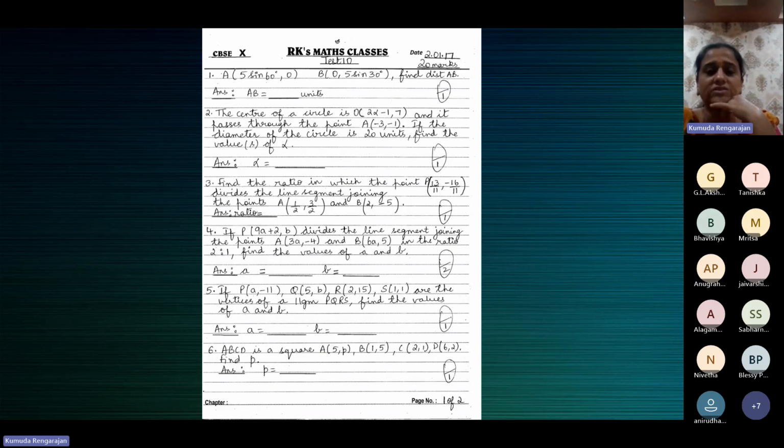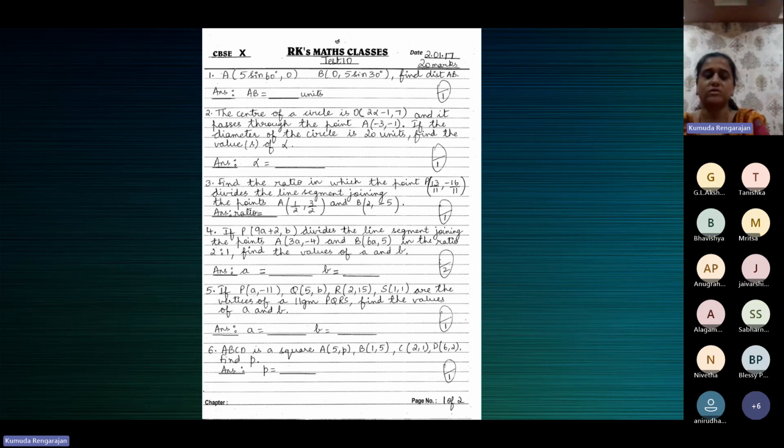So what's the value of sine 60? Root 3 by 2. Sine 30? 1 by 2.